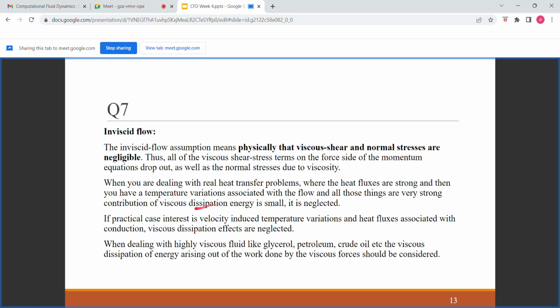Generally, in practical cases of interest where there is velocity induced temperature variation and heat fluxes associated with conduction, viscous dissipation effects are neglected. But when we are dealing with highly viscous liquids like glycerol, petroleum, crude oil, etc., viscous dissipation of energy arising out of work done by the viscous forces should be considered.